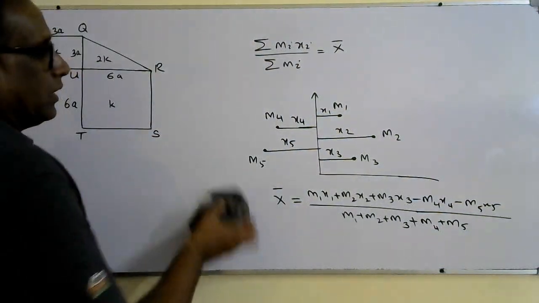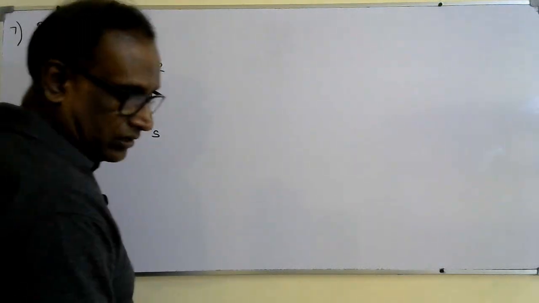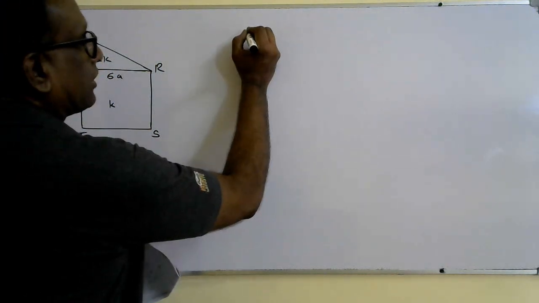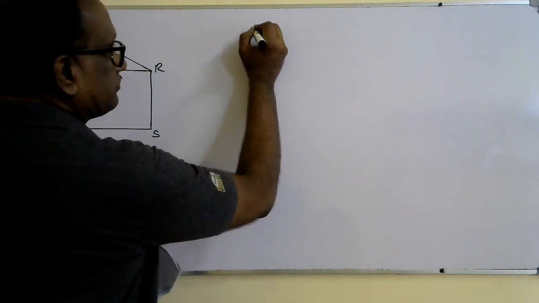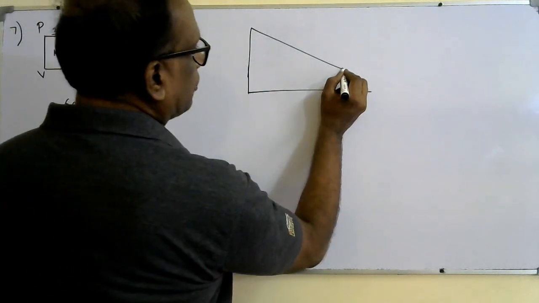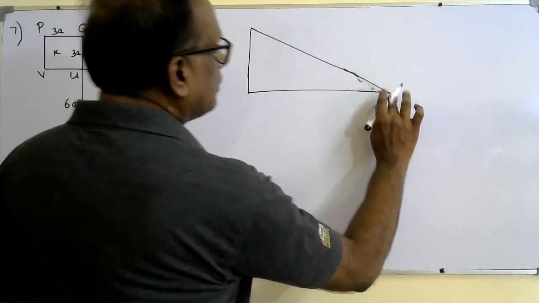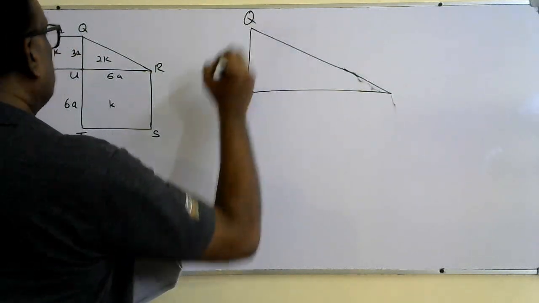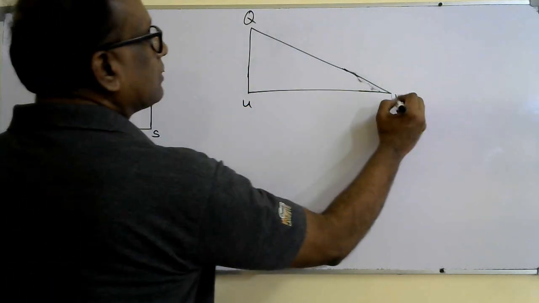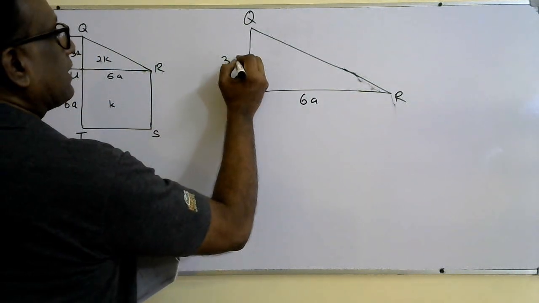Okay, also now for a triangle, when we find the center of mass, for a right angle triangle something like this, if I draw, I'll name it Q, U, R. This is 6A, this is 3A.